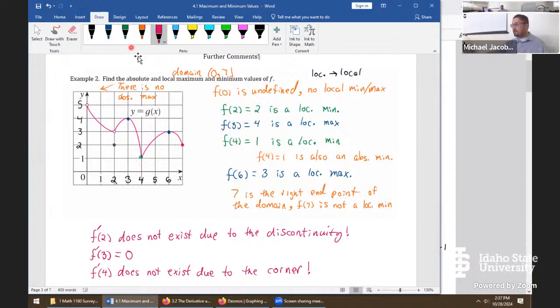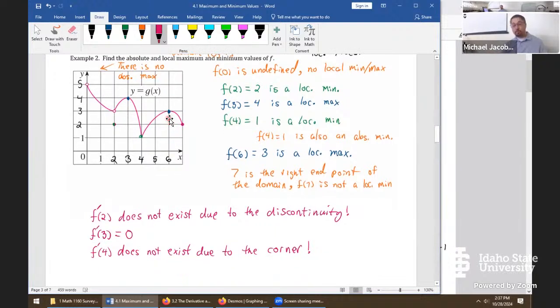But coming up above, right here at 6, we found a local maximum, and that derivative did exist. We can say f prime at 6 equals 0.